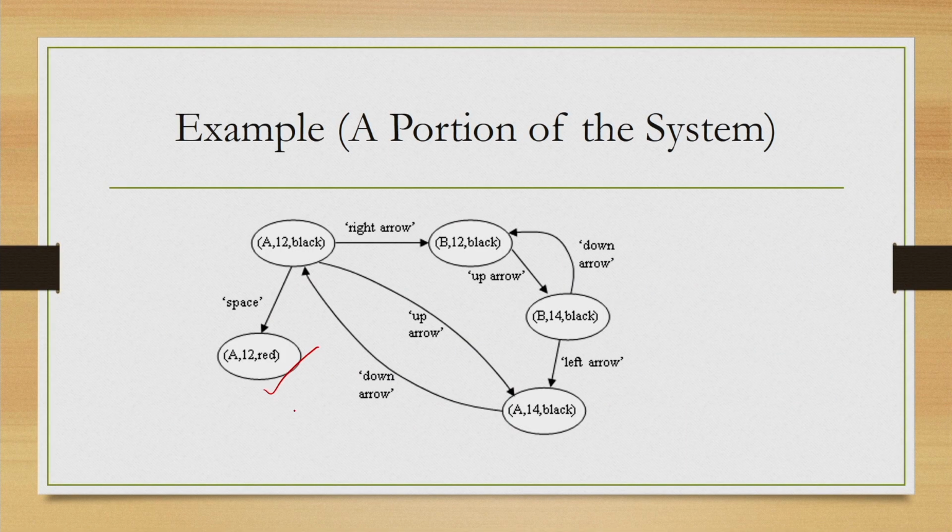Now, this is the state. So, once we reach here, we cannot do anything else if we assume that this entire portion actually represents the whole system. Of course, this is only a portion and there may be paths from this state which we are not showing in this portion, but if we assume that this is the complete system, then clearly this is a dangerous state, A12 red. From here we cannot do anything else. Once we reach here, we cannot go back. So, the entire system stops.